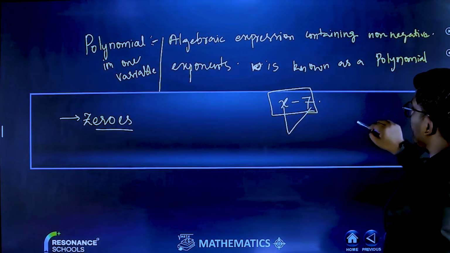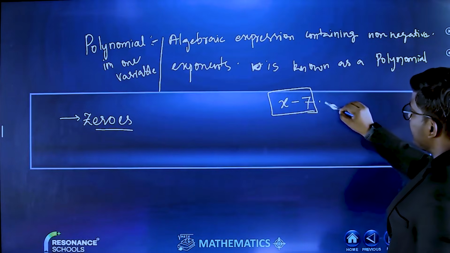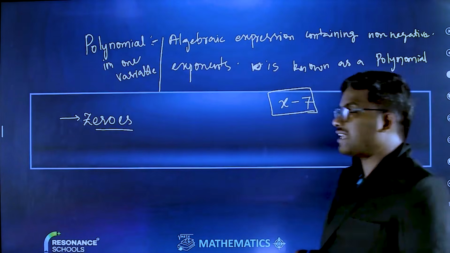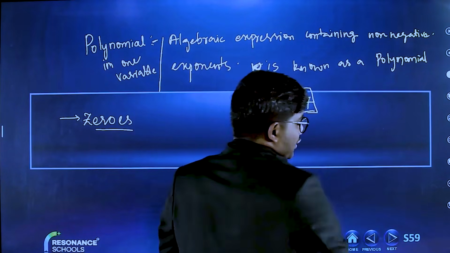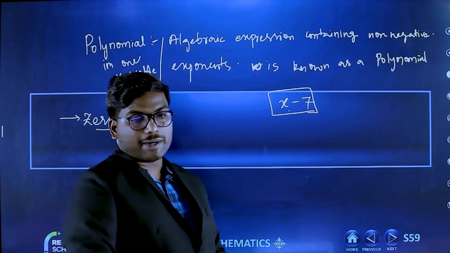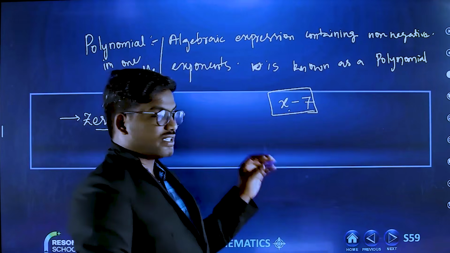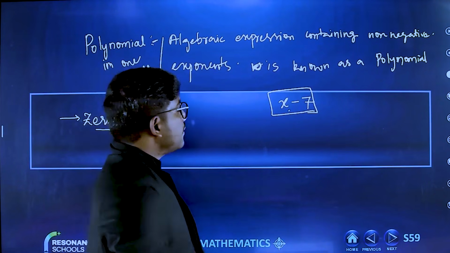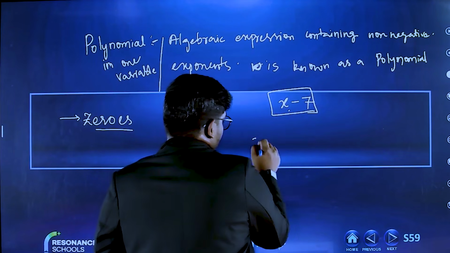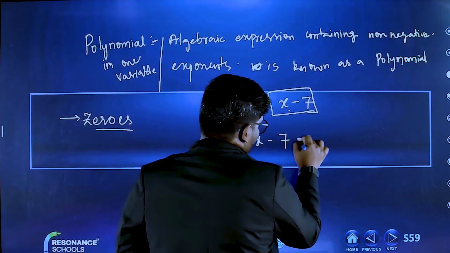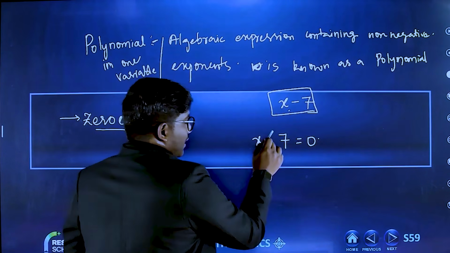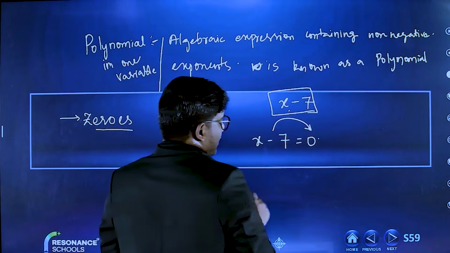Now if I need to find the particular value of x for which this expression becomes 0, what would that be? We need to write it in this format: x minus 7 equal to 0, and then we'll transpose the 7 to the other side.